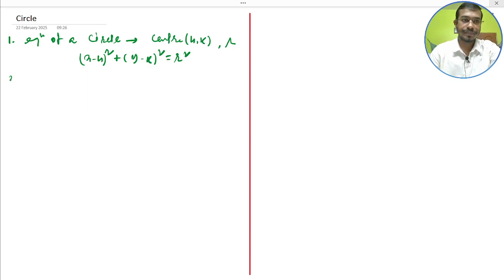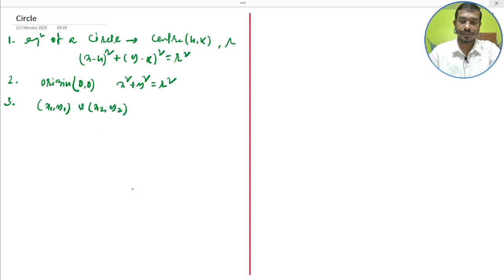Next, center at the origin. Origin center means (0, 0). The equation becomes x square plus y square is equal to r square. Number 3, equation of circle joining (x1, y1) and (x2, y2) as a diameter.